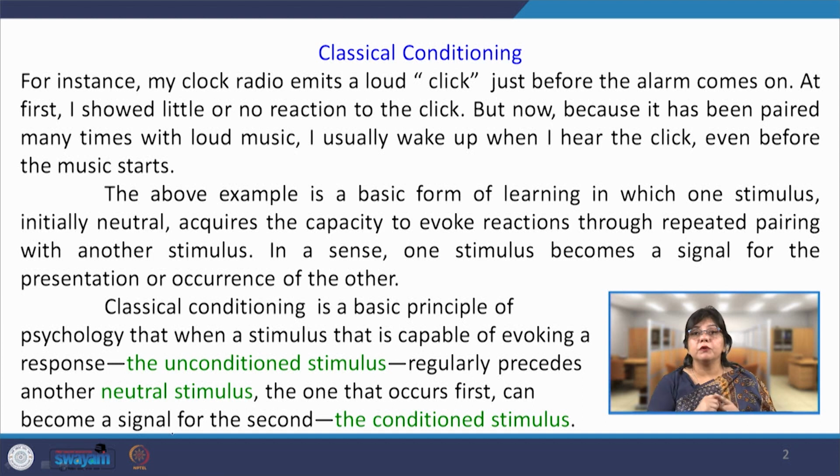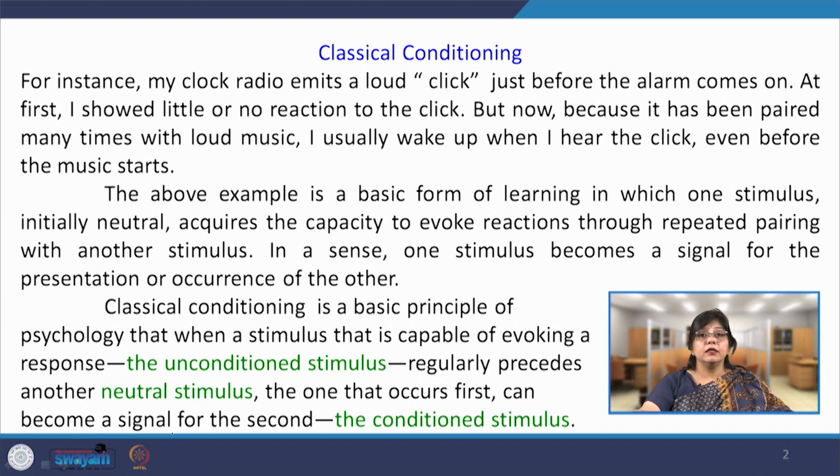So, with the gradual process it becomes a signal for the occurrence of the other. As soon as there is a first click, the person responds. That means, even the click has acquired the ability to evoke a desired response from the subject. So, this kind of pairing of the stimulus and the response is known as classical conditioning.